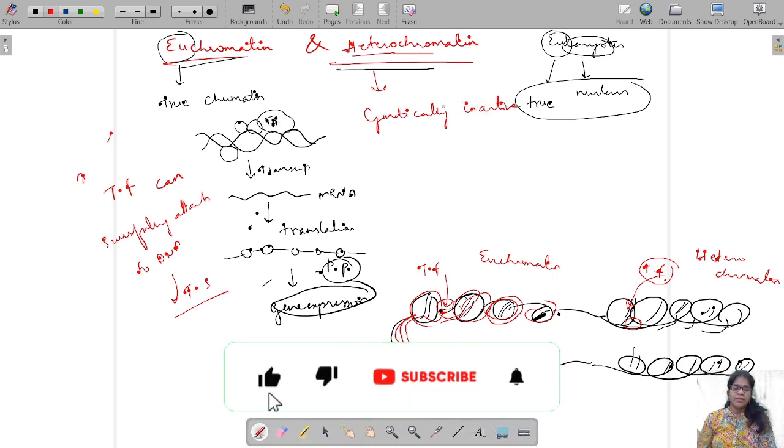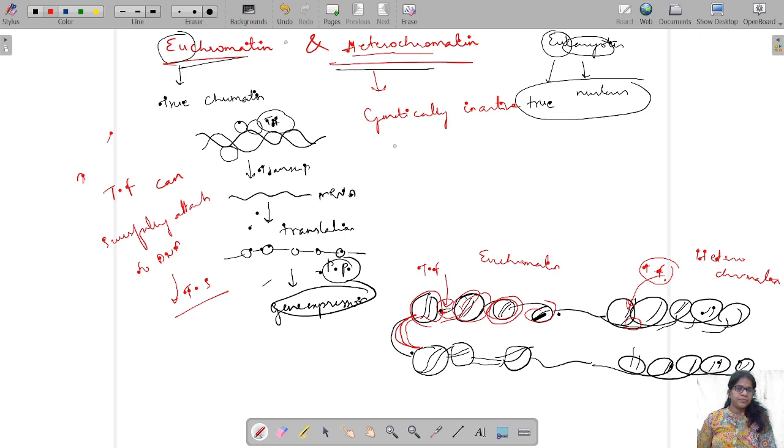What does that mean? See, I again have a DNA here, but this DNA is not getting transcribed. No transcription and no translation.